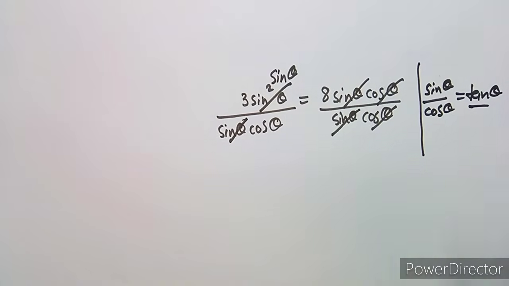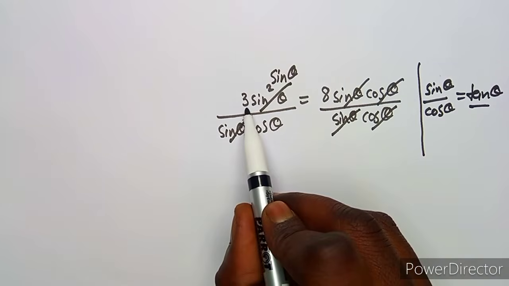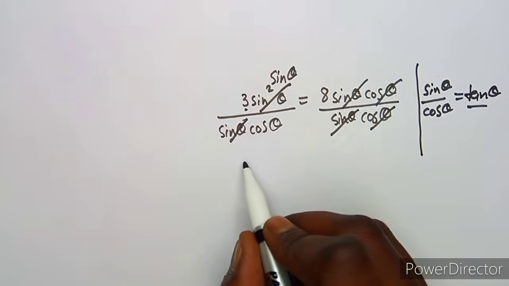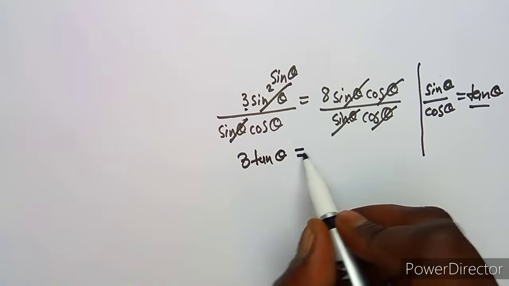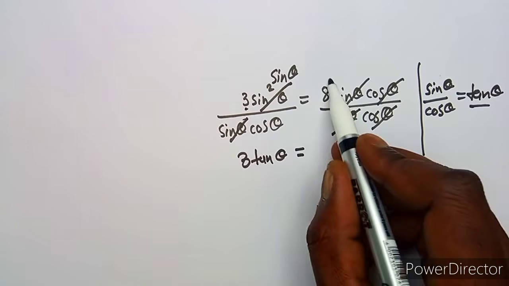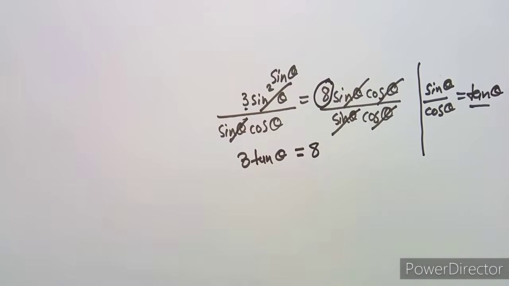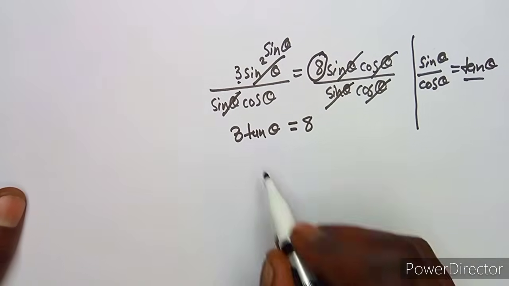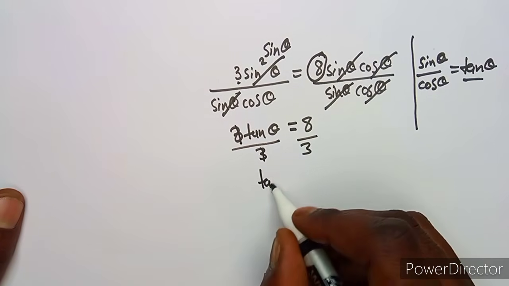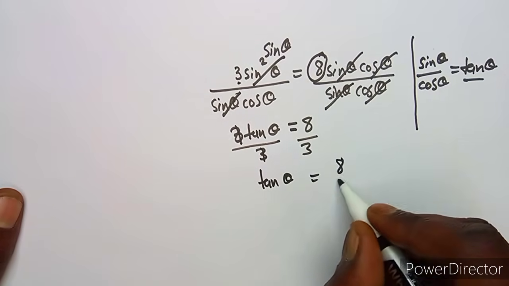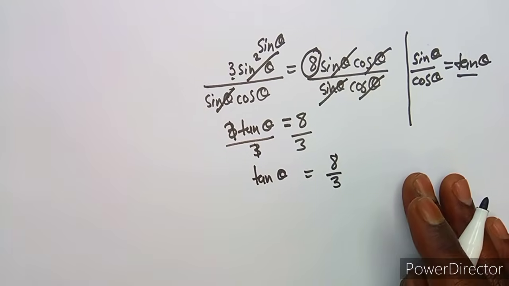So it's going to be 3 sine over cos, so 3 tan theta, which is equal to 8, since we cancelled everything else. So we can make tan theta the subject by just dividing by 3 on both sides. So tan theta is 8/3, and then our theta can be determined.